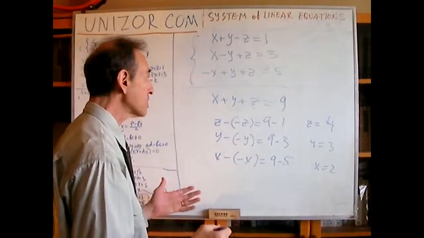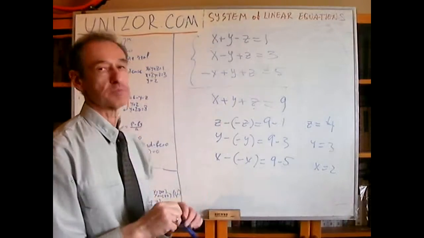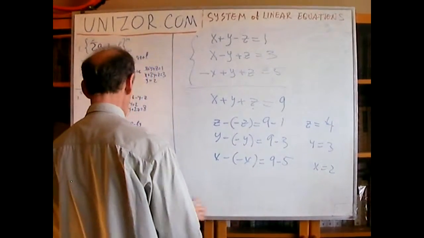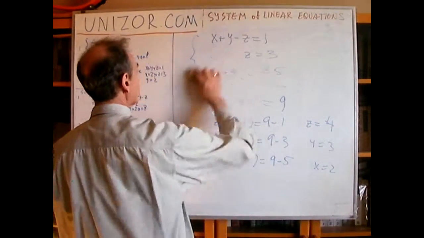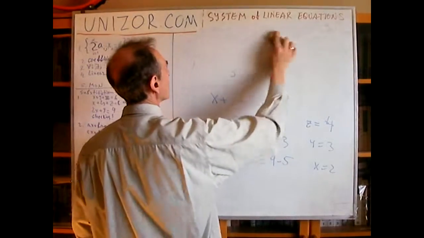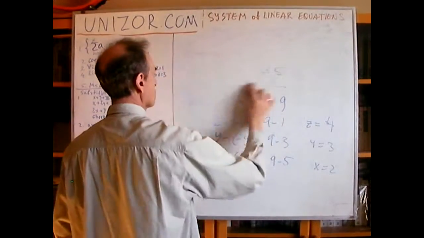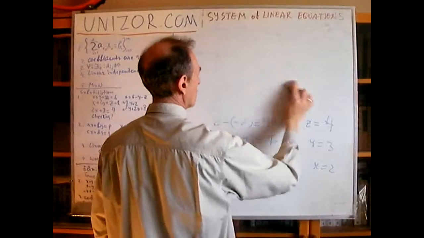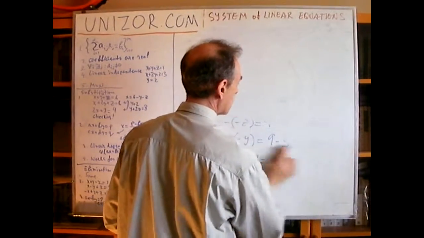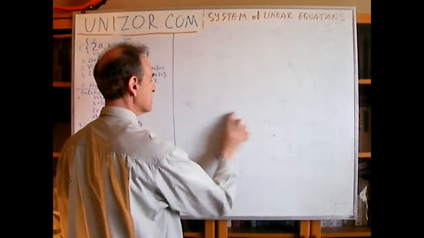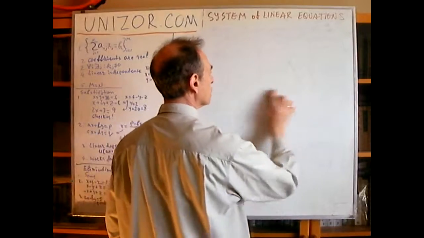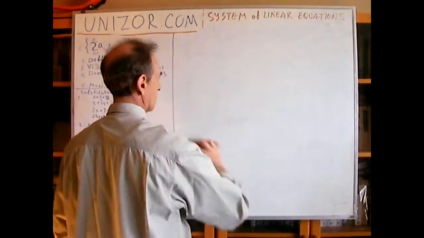I have noticed something peculiar about this particular system. Now, what's interesting is I would like to solve my original system of two equations, the generalized one with a, b, c, and d coefficients. Can I solve it using this method of elimination?